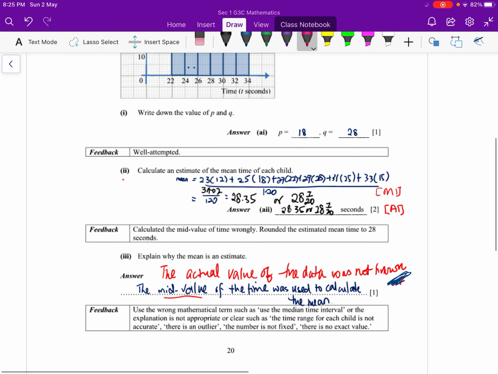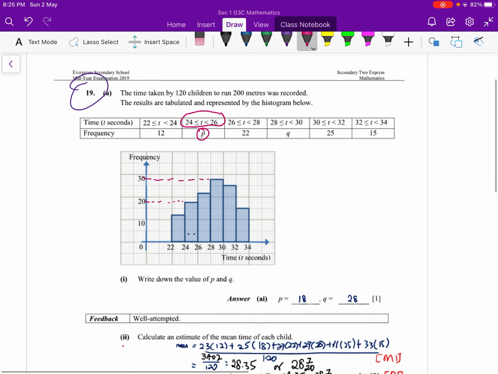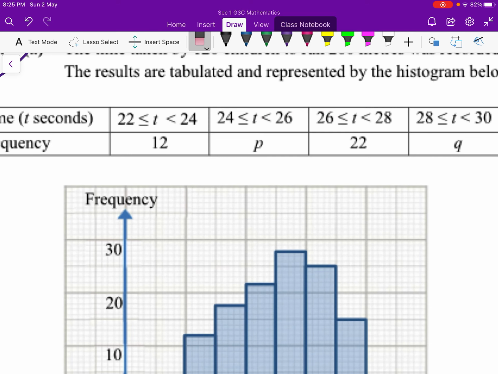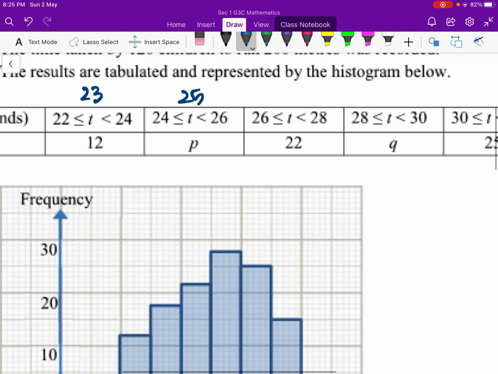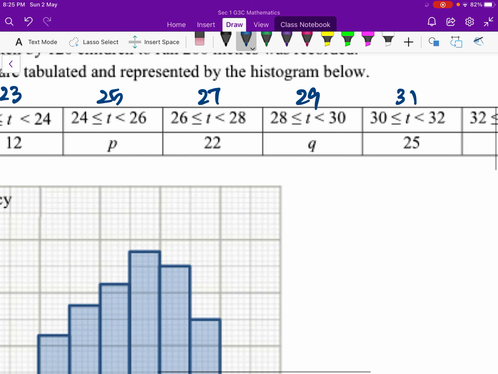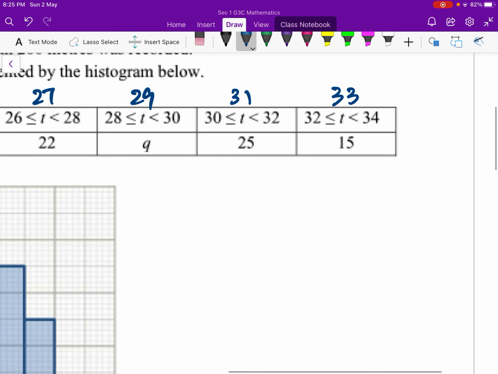So estimate of the mean, okay, you will need the mid value of each range. So be very careful. Sometimes the mid value is not a common difference. So 27, 29, 31, 33.